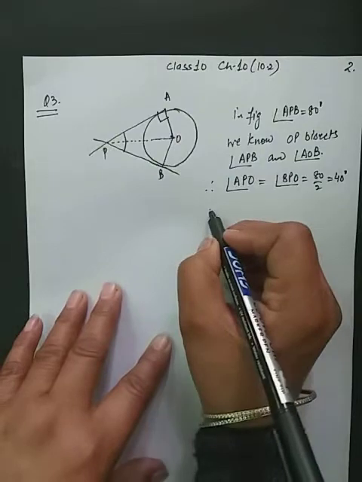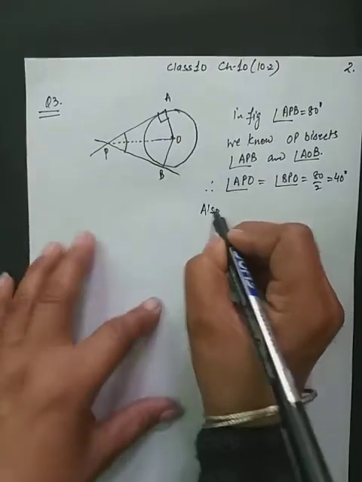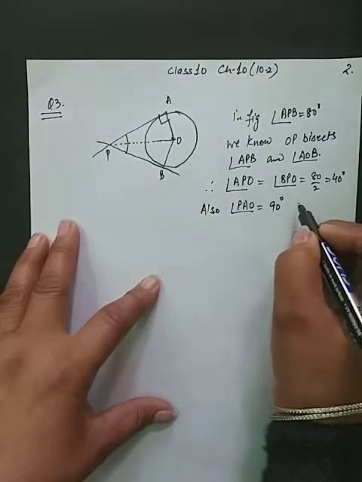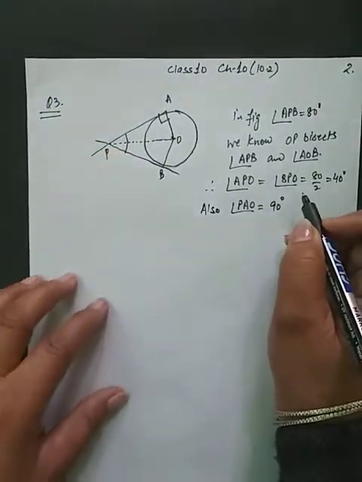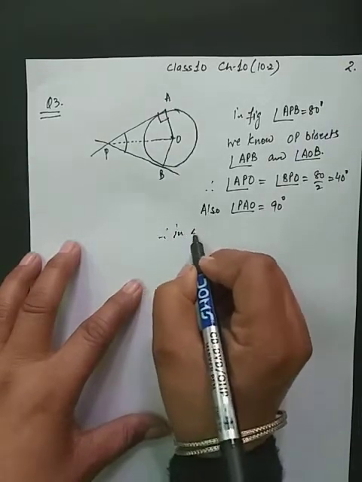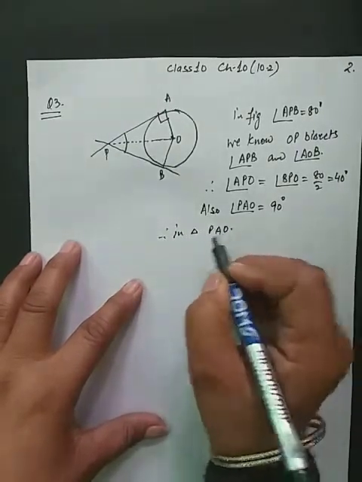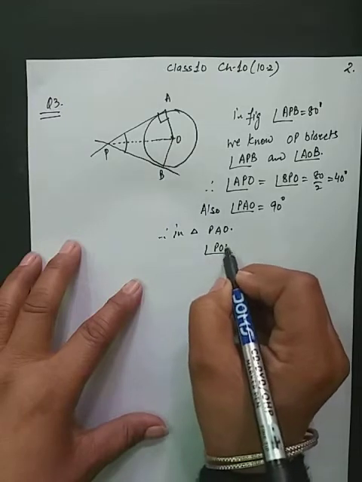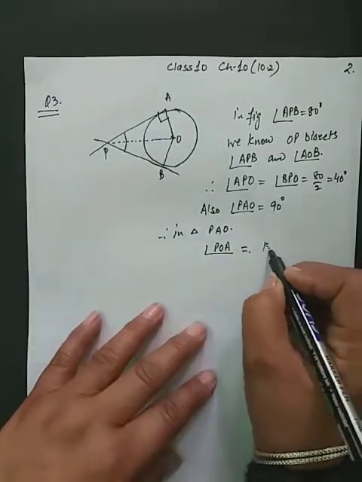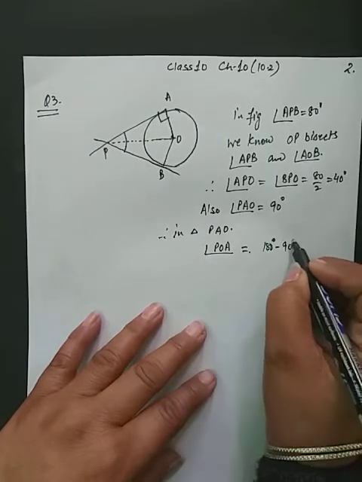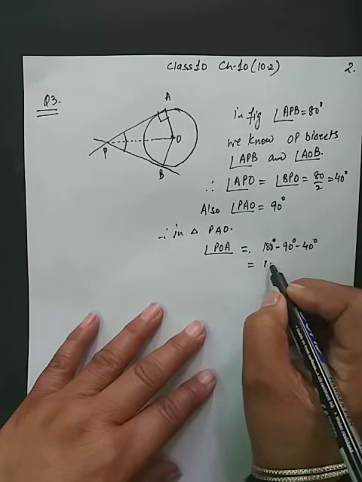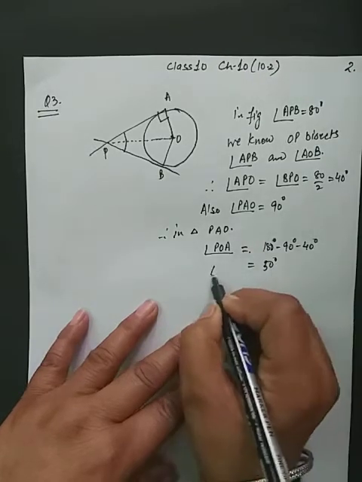Also angle PAO is of 90 degree, angle at the point of contact between radius and tangent. So therefore in triangle PAO we can find angle POA, and it will be equal to 180 minus 90 minus 40, and it will be of 50 degree.